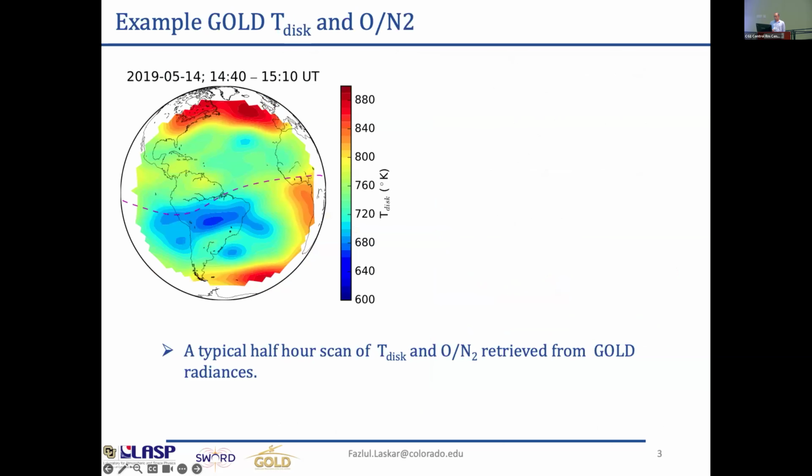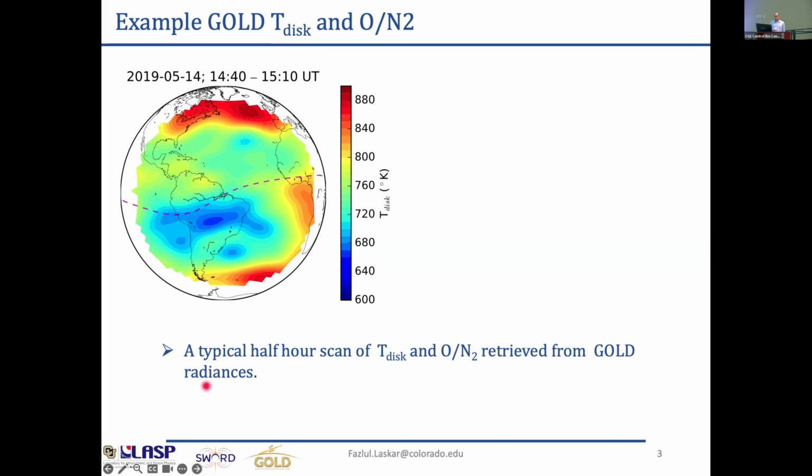So, okay, let's talk about the retrieved products that we get from the radiances. One of them is the T-disk, the disk temperature retrieved from the radiances. You can see this was a time when there was a minor geomagnetic storm.